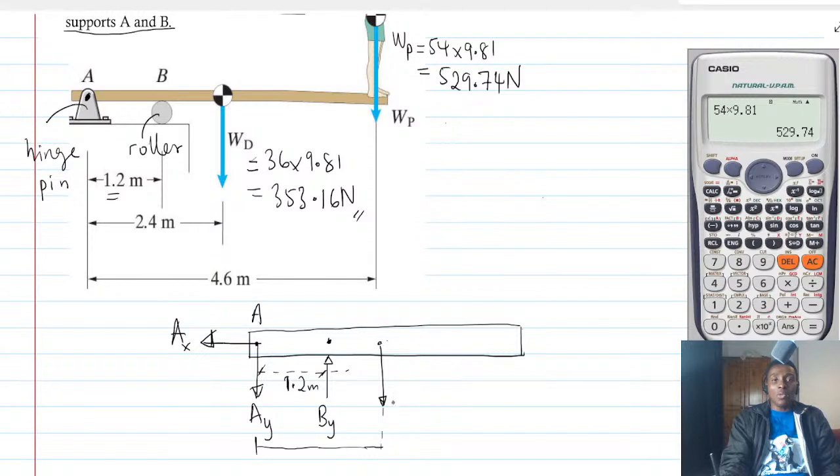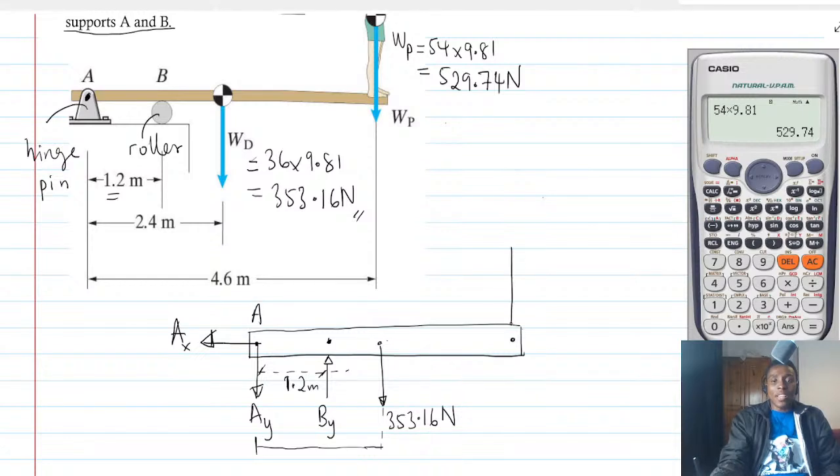Now, interestingly, the weight is going to be 353.16 newtons.